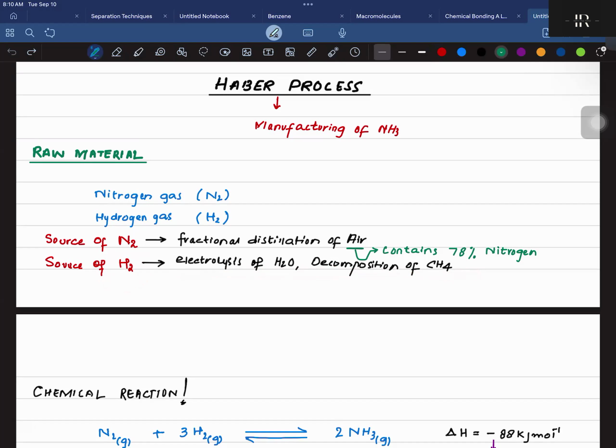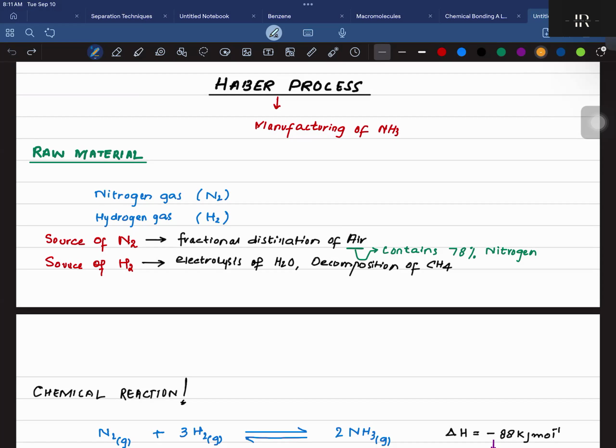The next method is the decomposition of methane. Decomposition is also the breaking down of any compound by means of heat. And fractional distillation of air works because in air I have 78% nitrogen gas. So that's why we can easily obtain nitrogen gas by doing the fractional distillation of air.